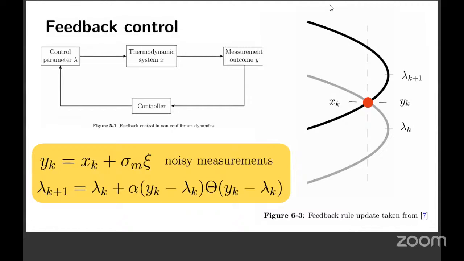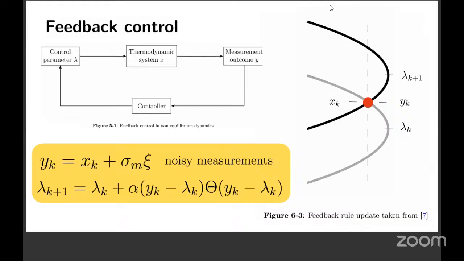And that is controlled by this parameter alpha that I call the gain. And I will call the optimal gain the alpha which satisfies that condition.